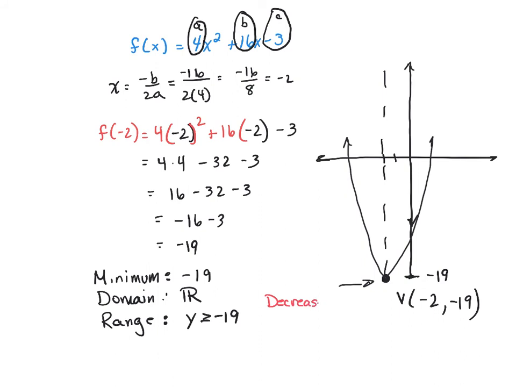Decreases left of, in this case, the x value is negative 2, and increases once you get to the right of negative 2. Here x is negative 2, and now it starts to go up. The y value is getting greater and greater and greater. It's not too bad. Let's do one more of these.